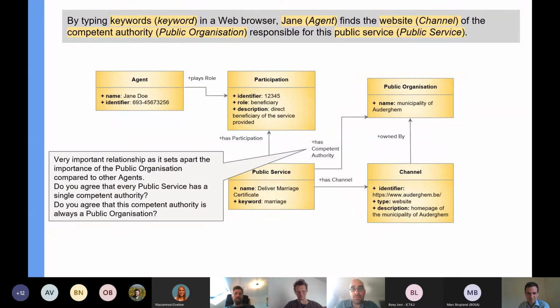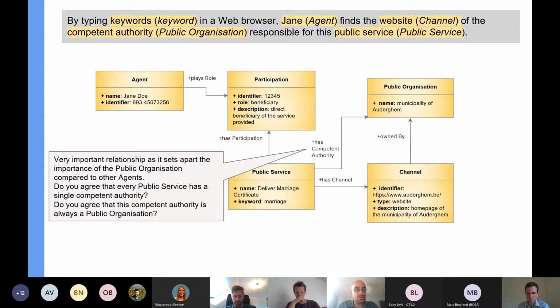Yes, let me take a small example. Building permits. For a building permit in Wallonia, I don't know in Flanders, but I think it's roughly the same logic. It really depends. It's one public service, I would say, to allow someone to build something.